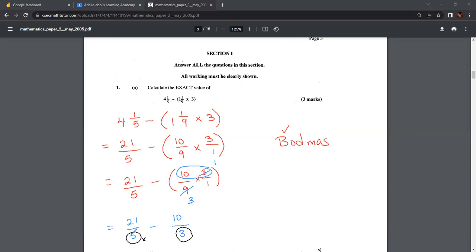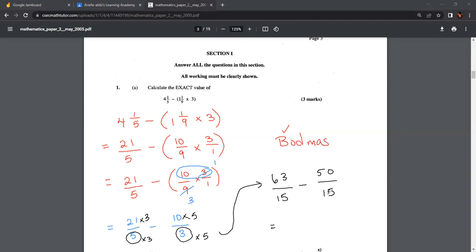Whatever I do to the bottom of this number to make it 15, 5 threes are 15, I must do it to the top. Whatever I do to this number to make it 15, 3 fives are 15, I must do it to the top. So 21 times 3, 3 ones are 3, 3 twos are 6, over 15, minus 5 times 10, that's 50, over 3 fives are 15.